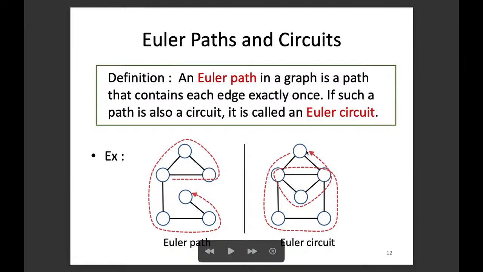So the first edge and the ending edge form a pair, and all the intermediate edges going in map to going out. So it means that even the initial vertex where we start this Euler circuit must also have even degree.